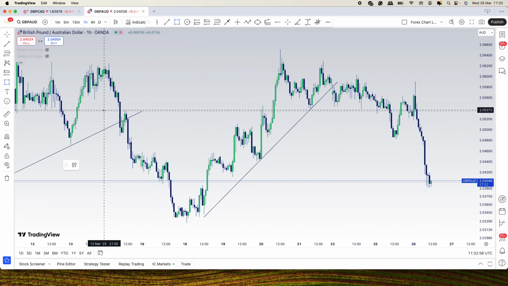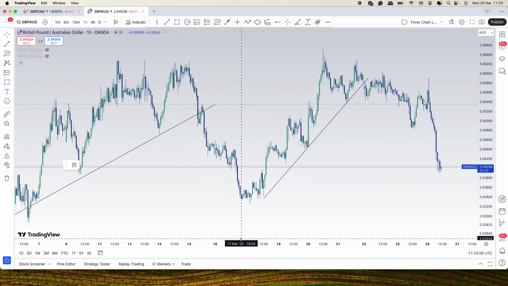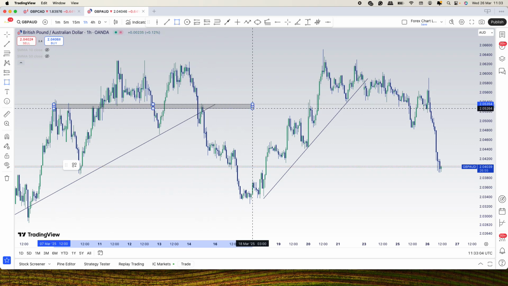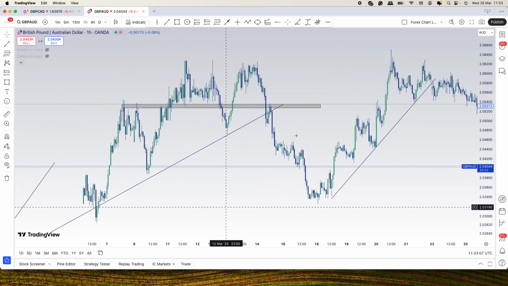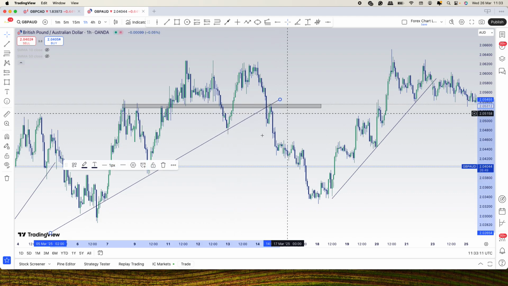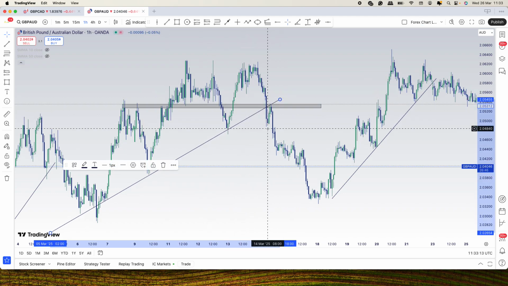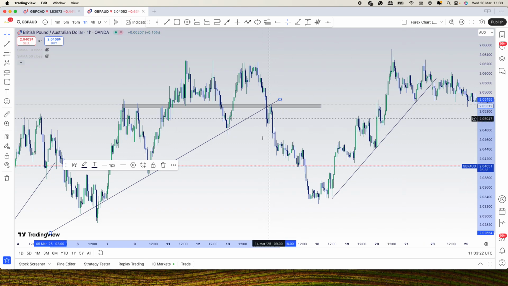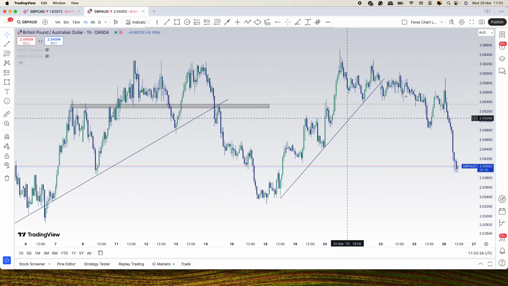Now obviously here, I put this on my IC Markets charts, which I actually prefer as charting software, but we see the break below it, and then we see a lovely perfectly clean retest of this. Now there was no news around this time, so it was a lot easier trade.